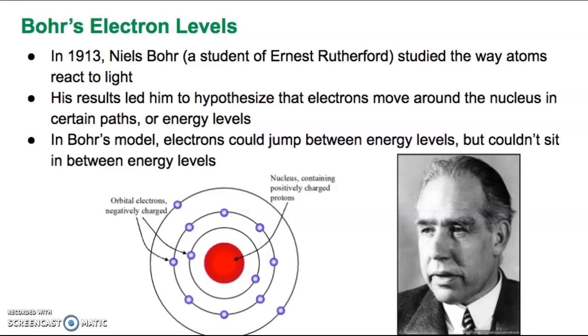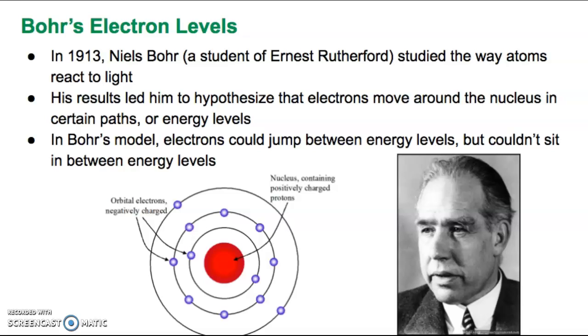Fast forward just a few years to 1913, and Niels Bohr, who studied under Ernest Rutherford, you're going to notice all these guys have connections once we start operating in the 1800s and 1900s. So Niels Bohr studied the way atoms react to light, and his results led him to create a new hypothesis. He started to think that electrons moved around the nucleus in certain paths or energy levels.